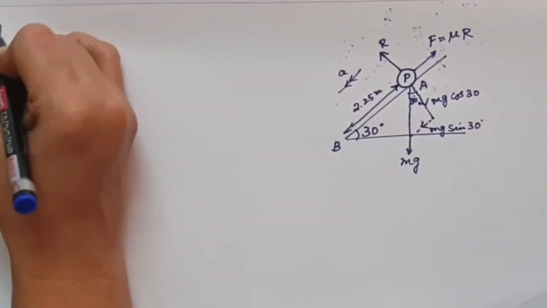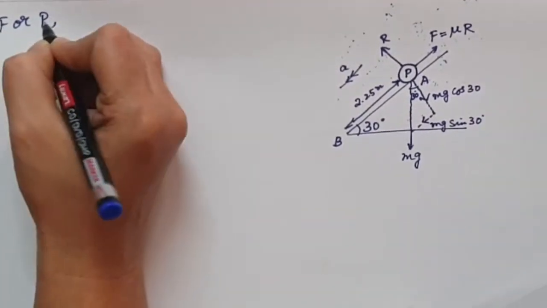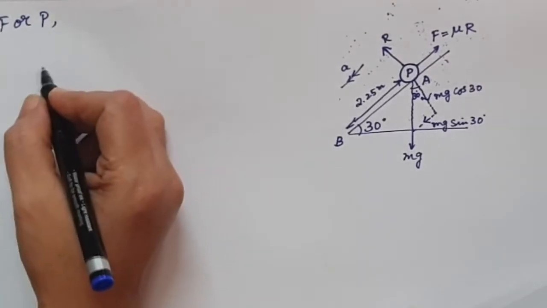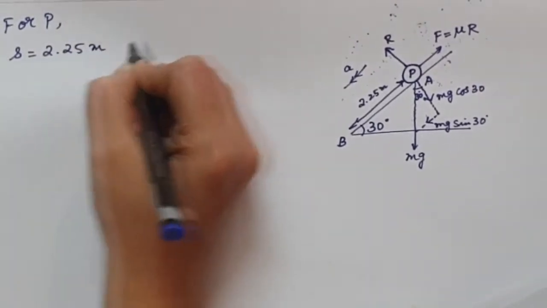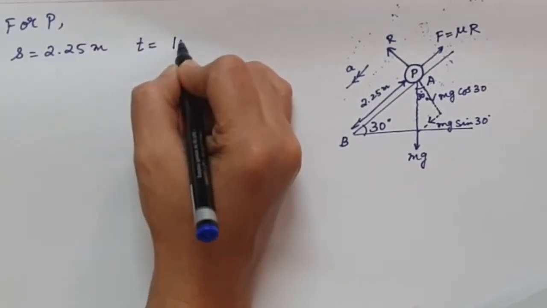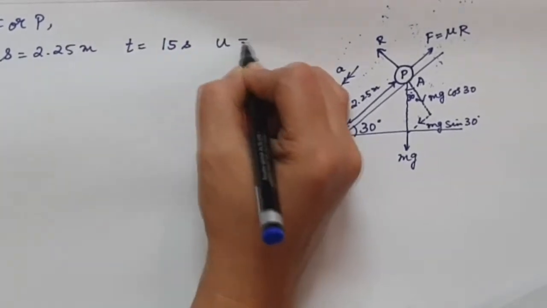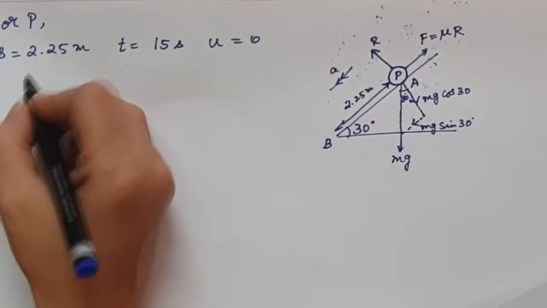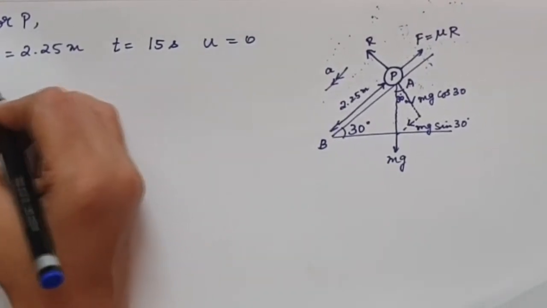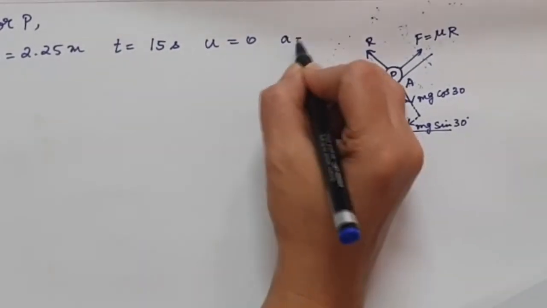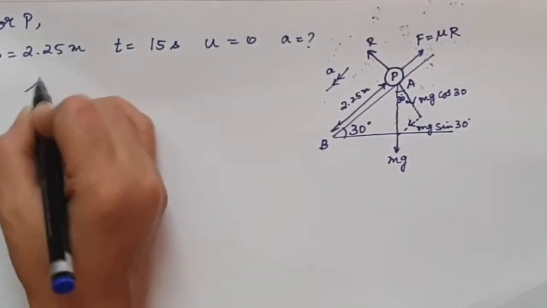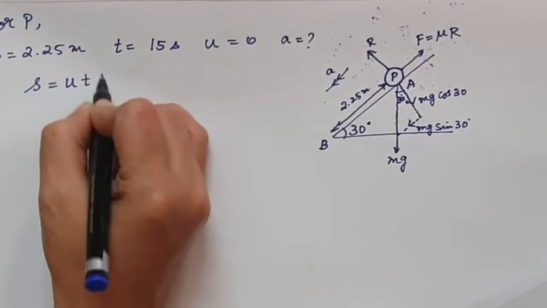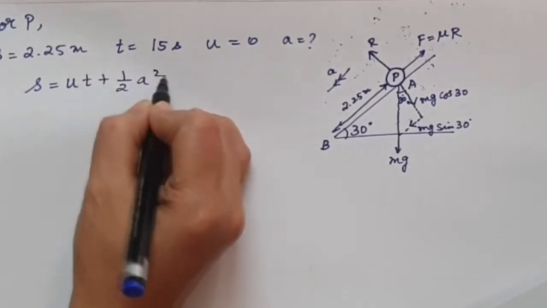Now let us see for P. S is 2.25 meters and t equal to 1.5 seconds. Initially the particle is at rest, so u is 0. Now we are calculating the acceleration, a. In order to calculate the acceleration with all this information, we can use the formula s equal to ut plus half a t squared.